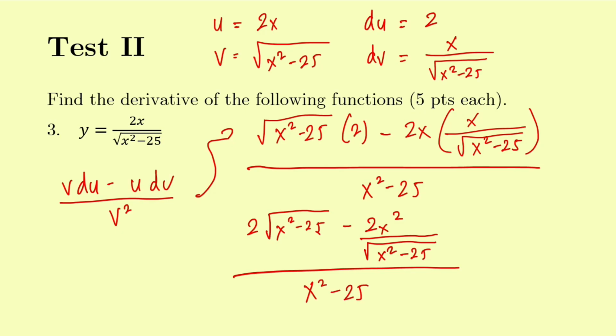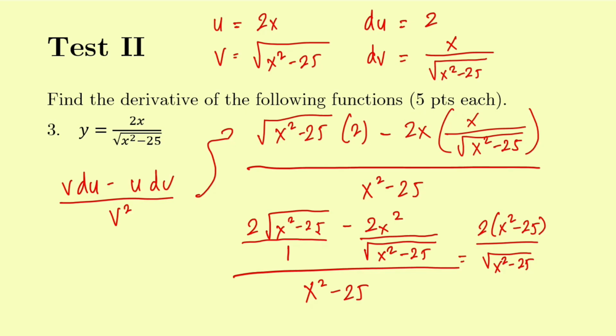Now, how can we simplify this? We can multiply. This one is basically 2 square root of x squared minus 25 all over 1. So we can express this as 2 times x squared minus 25 all over the square root of x squared minus 25. Why?